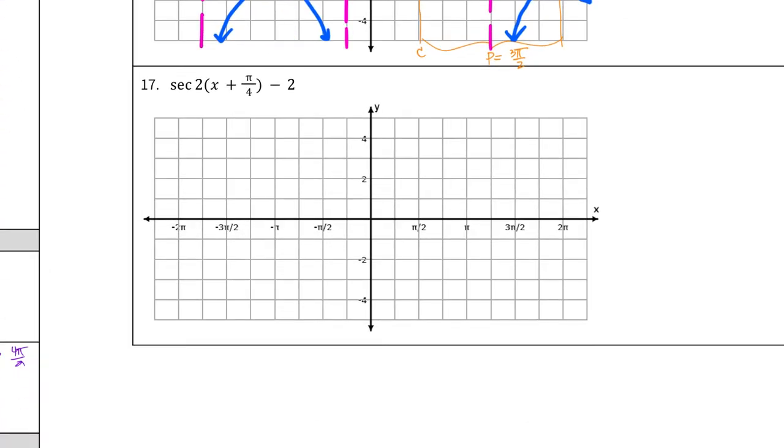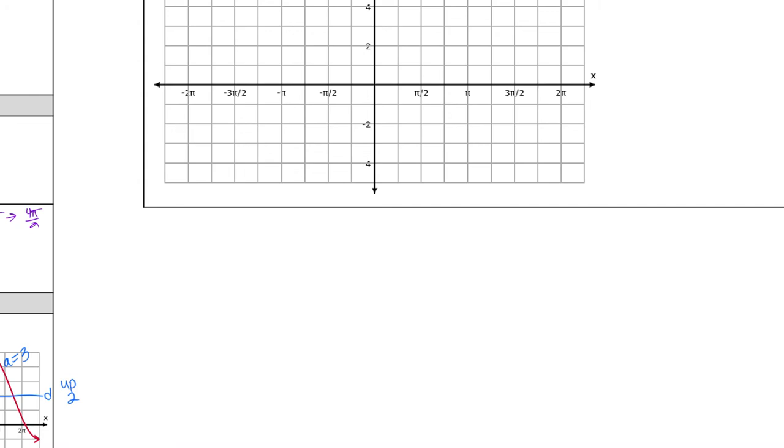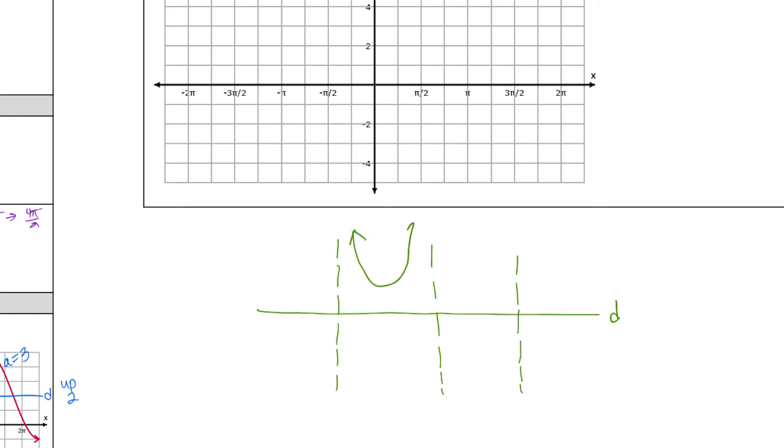Okay, so secant, again, just as a reminder, starts with an asymptote, also ends with an asymptote, and has one right in the middle. Then there's the midline, of course. Midline is not normally something you would see, but midline is D. You'll have a parabola pointing up and a parabola pointing down.